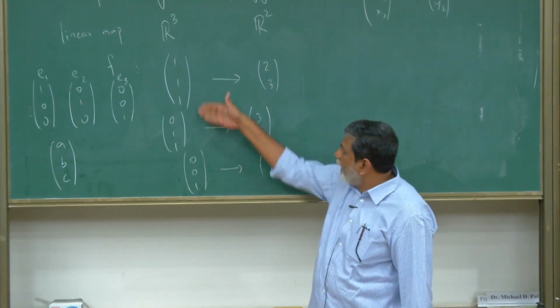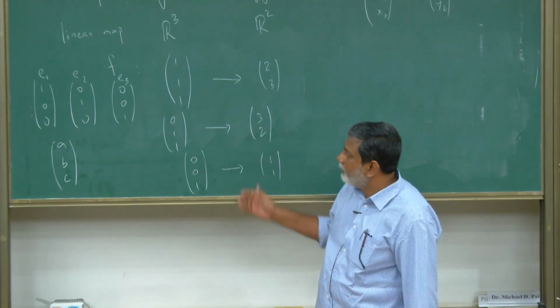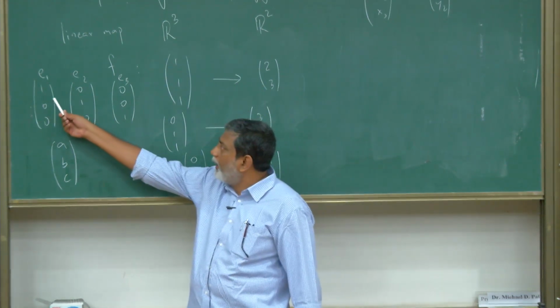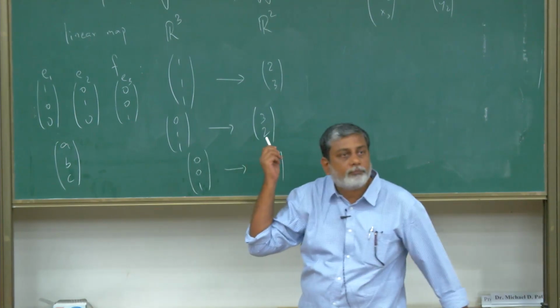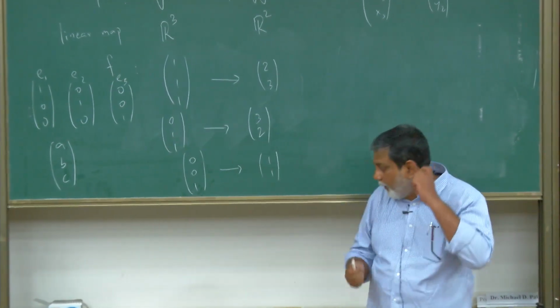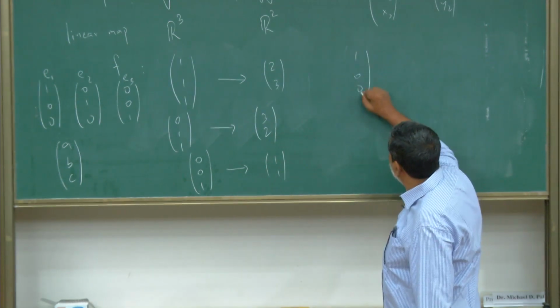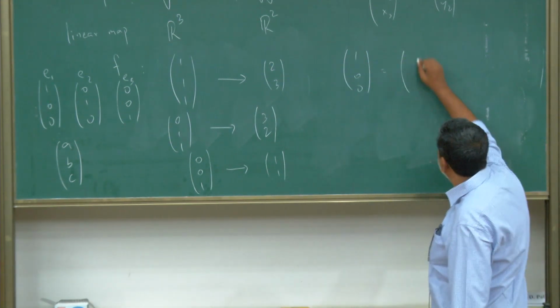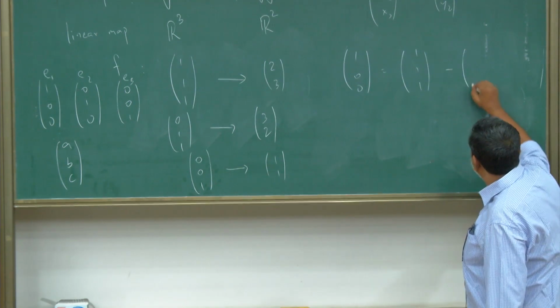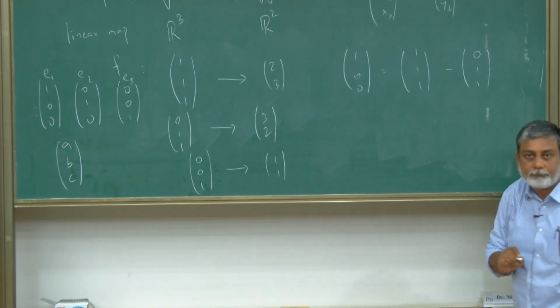So, suppose we have been specified this linear map, we can find out where E1 goes to. So where does E1 go to? E1 is (1, 0, 0), and this is really (1, 1, 1) minus (0, 1, 1).